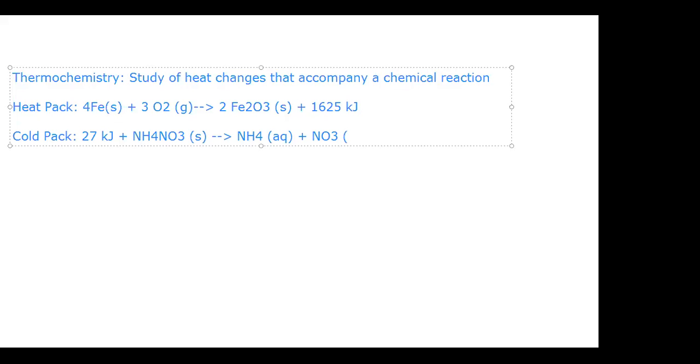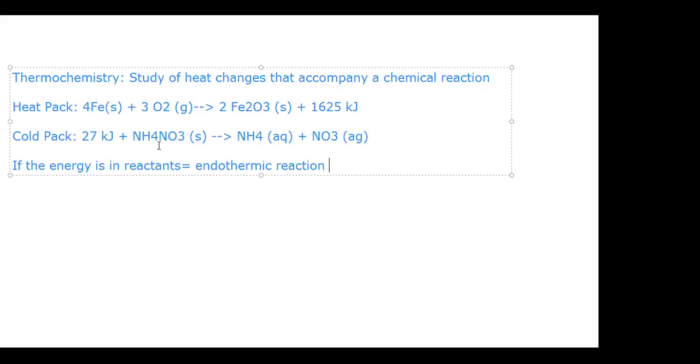Ammonium is a positive ion, nitrate is going to be a negative ion, but our reactants have the extra energy, these kilojoules. So if the energy is in the reactants, that is going to equal an endothermic reaction.